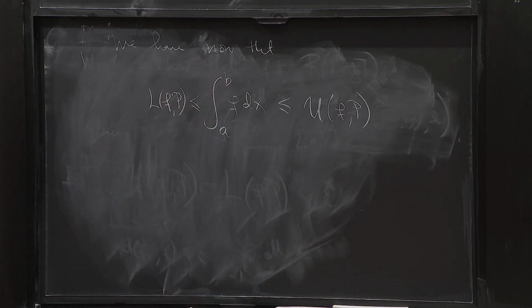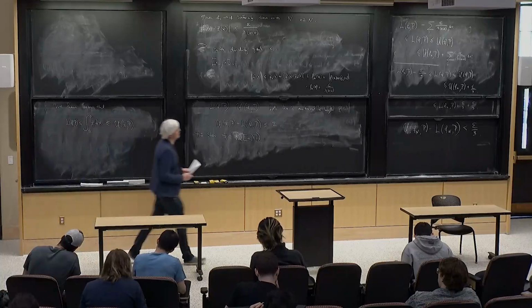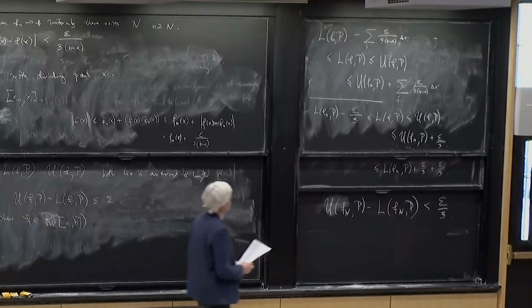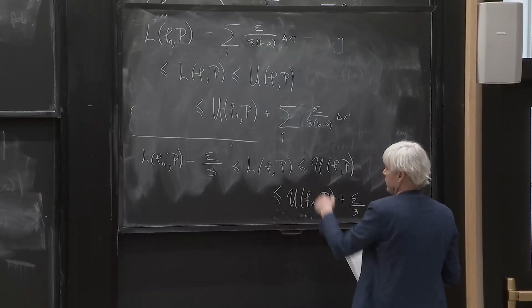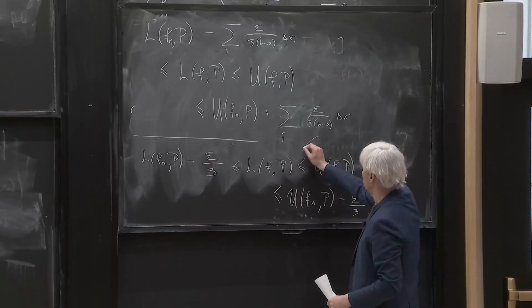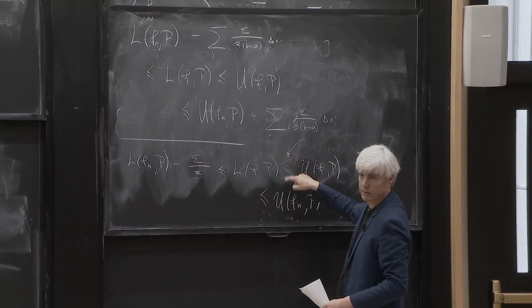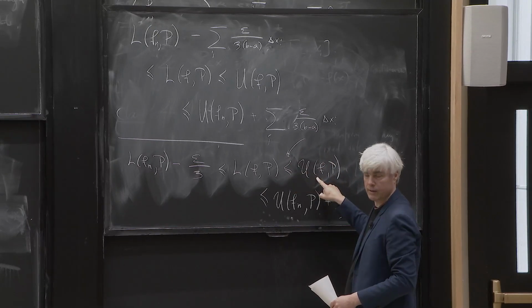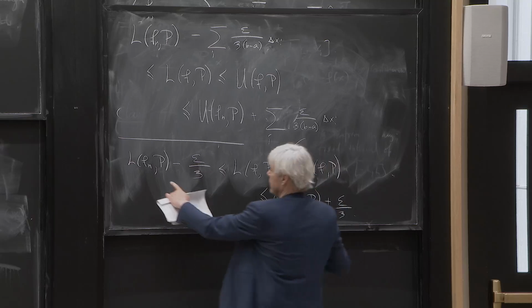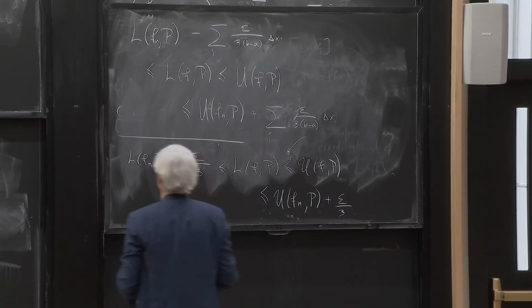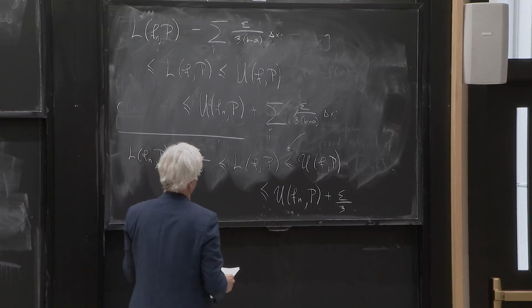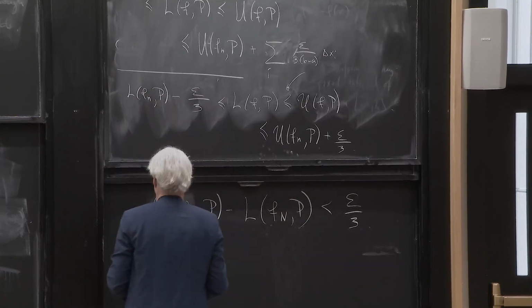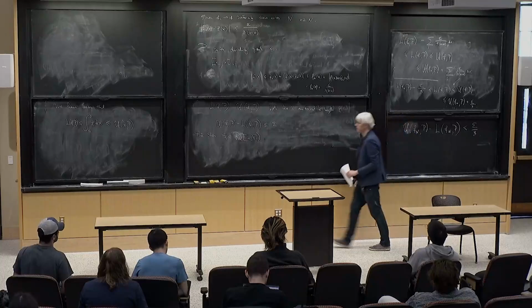Right? But now you see that this means that it would have to lie in this string of inequalities. It would have to lie here between these two numbers, right? So what do we have?